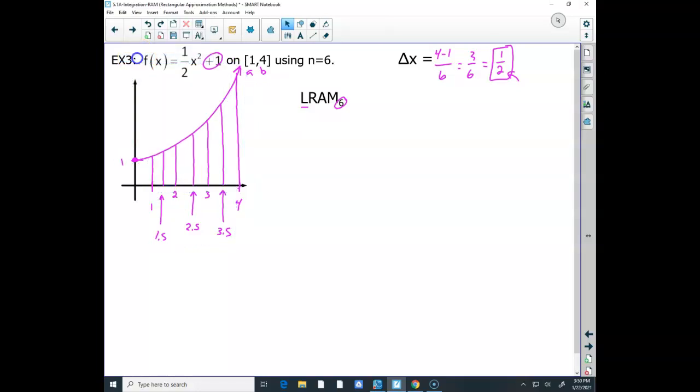If I am finding my left RAM, that means the left endpoint of each one of these intervals, the left side, is going to be making my rectangle. And the edge of the rectangle which intersects your function is the value that actually gives you the height. So it's pretty simple usually to track. 1, 2, 3, 4, 5, 6, 7.